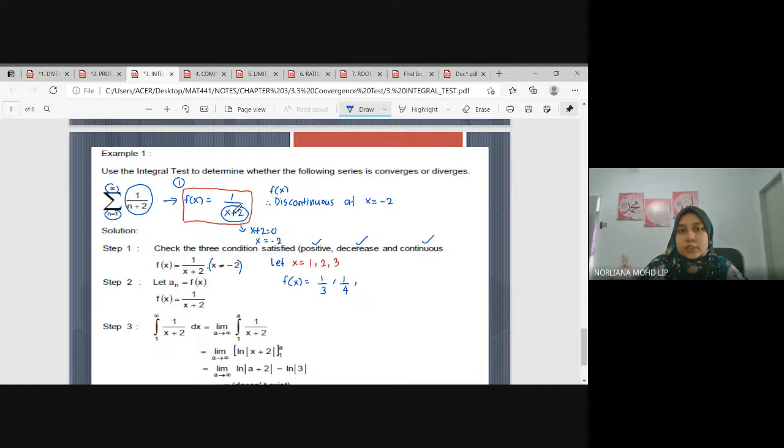When x equal to 3, so fx equal to 1 over 5. So from this, it is proof that this function is positive and in decreasing. Kat sini. Proof untuk decreasing lah. Proven. It is, kena mention lah. It is fx is positive and decreasing function.